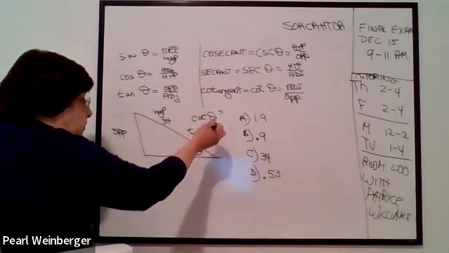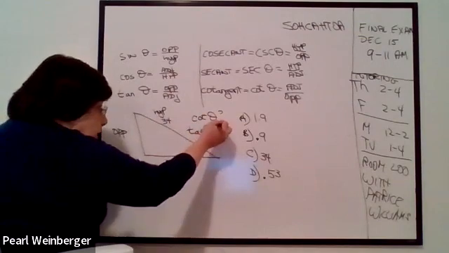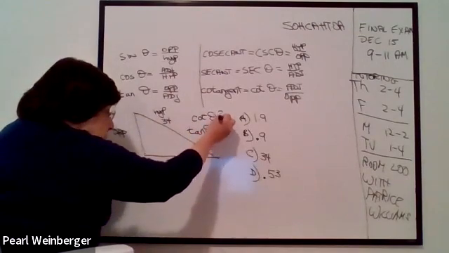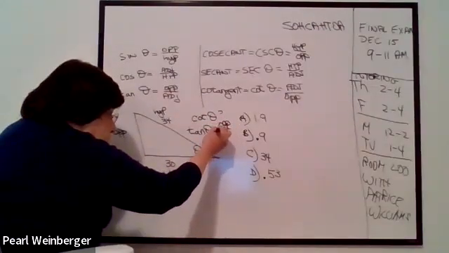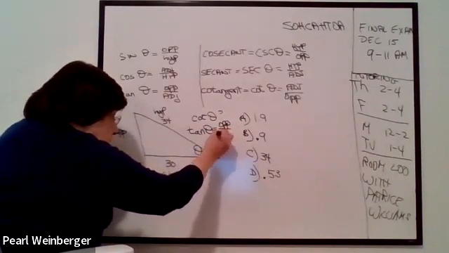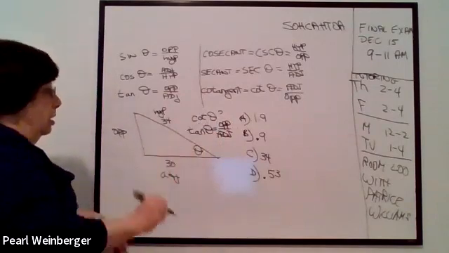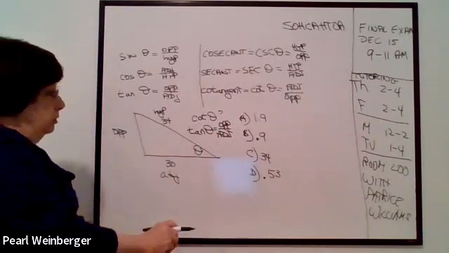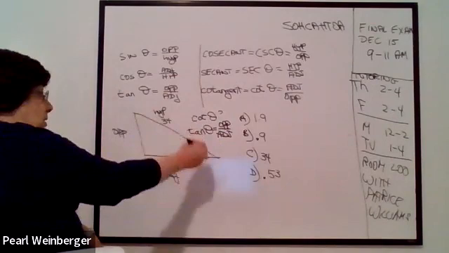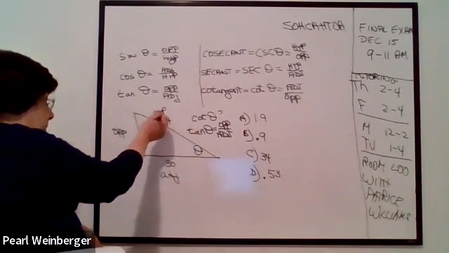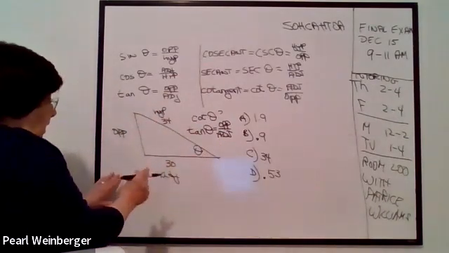So the tangent of theta is TOA, opposite over adjacent. In this triangle, I have the hypotenuse and the adjacent, and I don't have the opposite.